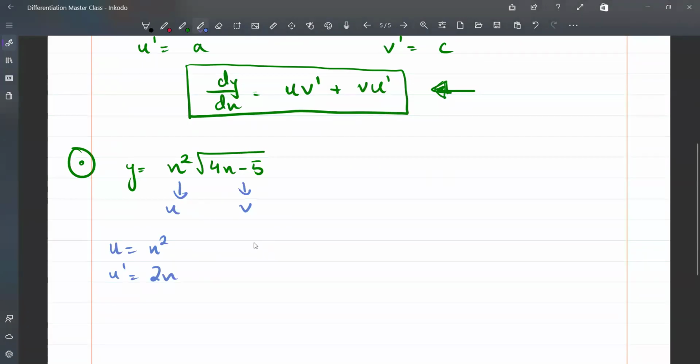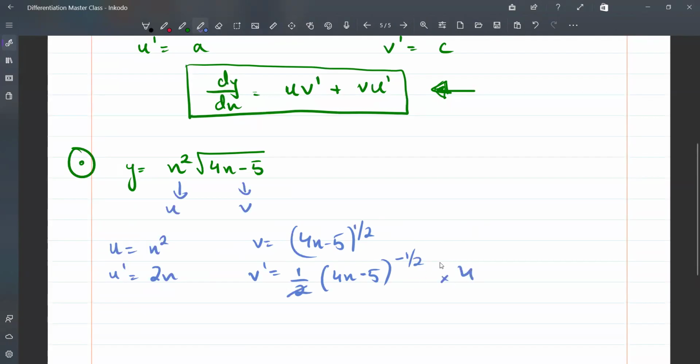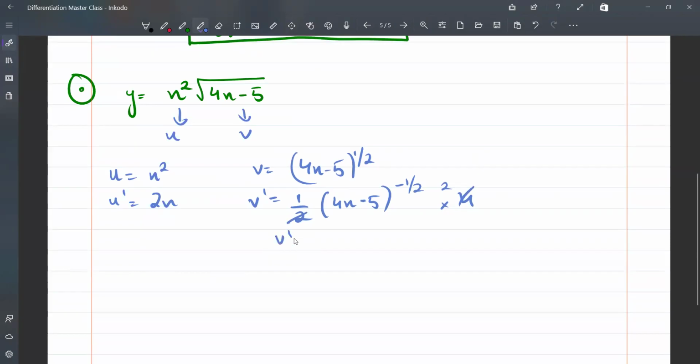And v is (4x minus 5) power 1 upon 2, and v dash is 1 upon 2, (4x minus 5) power 1 upon 2 minus 1, which is minus 1 upon 2, into differential of the bracket, which is 4. That leaves us with v dash is 2 (4x minus 5) power minus 1 upon 2, which is 2 upon 4x minus 5 under root.